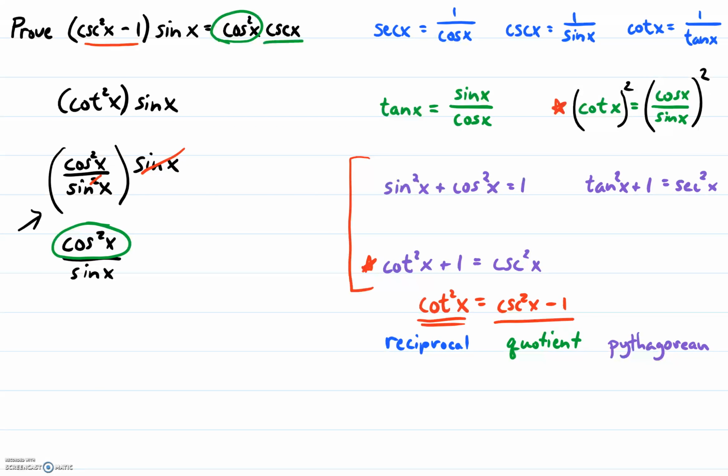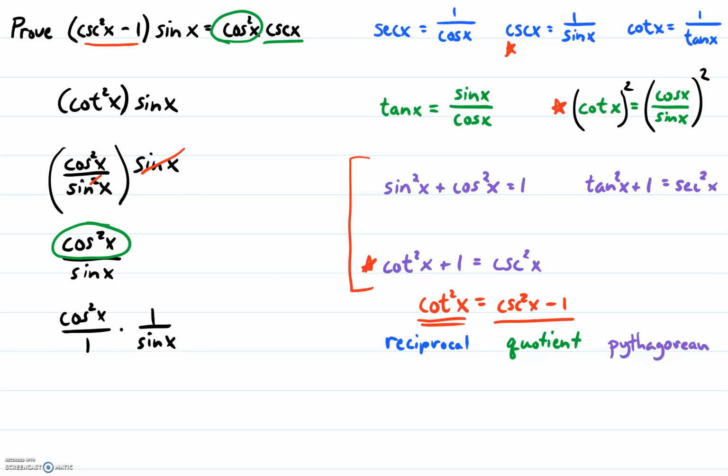So now we just want to make the cosecant x match with what we have as 1 over sine x. But we're in luck because if we look over our identities, we can see right here that cosecant x is the same thing as 1 over sine x. I'm going to rewrite this as cosine squared x over 1 multiplied by 1 over sine x, which is just rewriting it in a way that's a little bit more digestible.